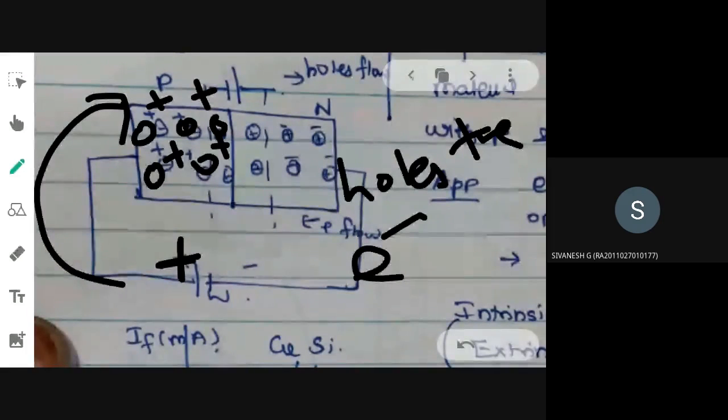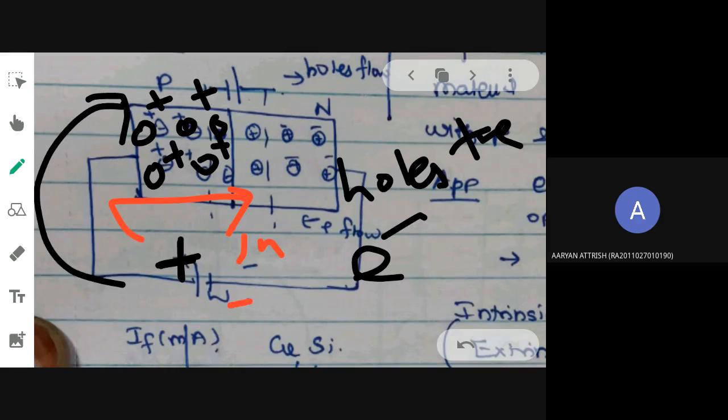Positive, positive: they repel. Because of this, the majority charge carriers will get repelled and start to go towards the junction. This is your junction.